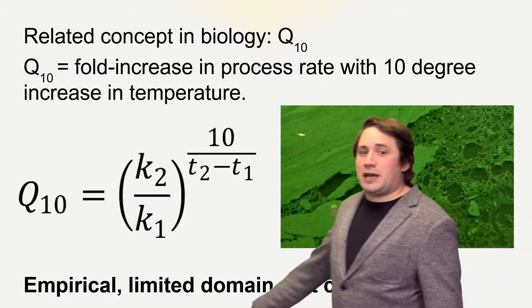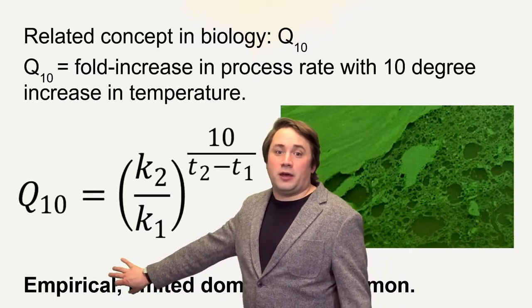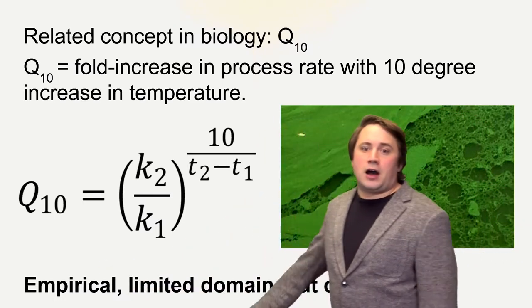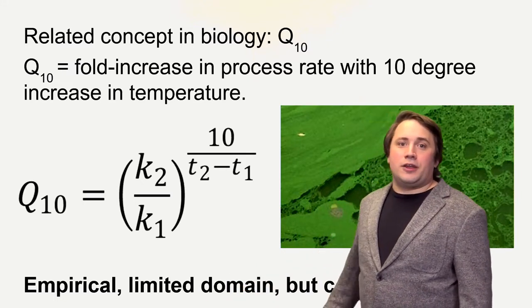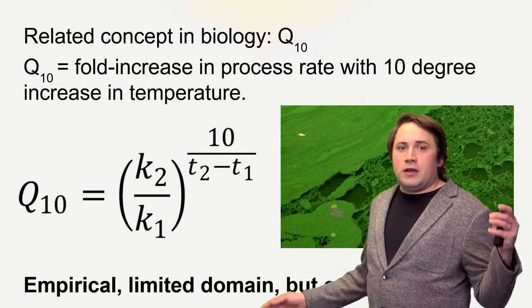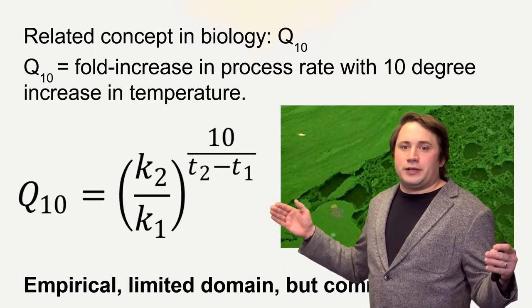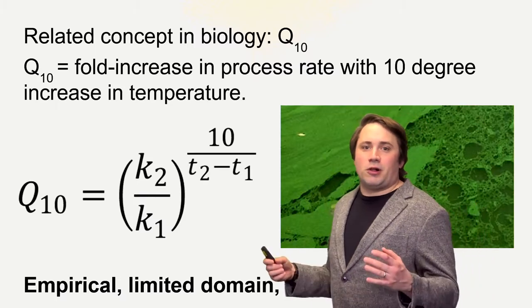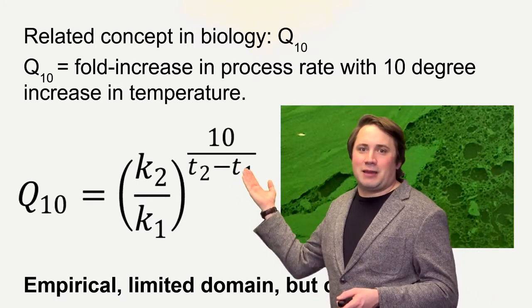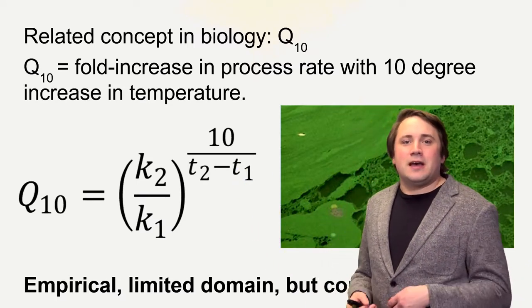And it's important to note that there's no physical basis for this formula. It's strictly empirical. These formulas generally have a very limited domain. It might work between 5 and 40 degrees, but outside of that temperature range, these formulas blow up. Either your organisms die because it gets too hot or they freeze.